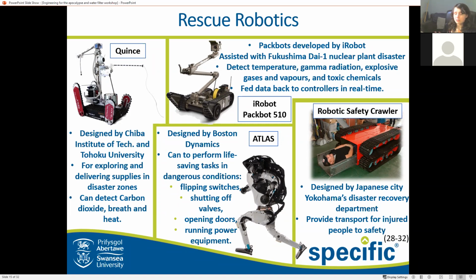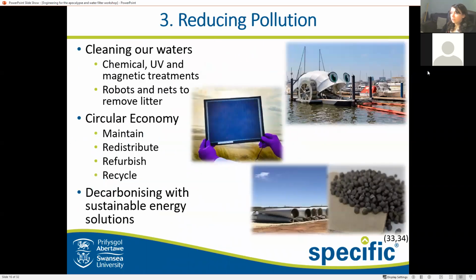So it will take the injured patient, put them into the container, and then the container will go inside its shell, enabling them to be transported as safely as possible without causing any further damage in areas where humans would not be able to get to them, never mind with a stretcher. So these are some really great responses to these disasters.